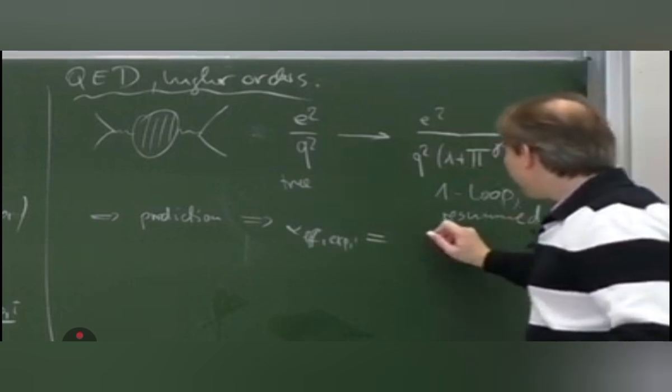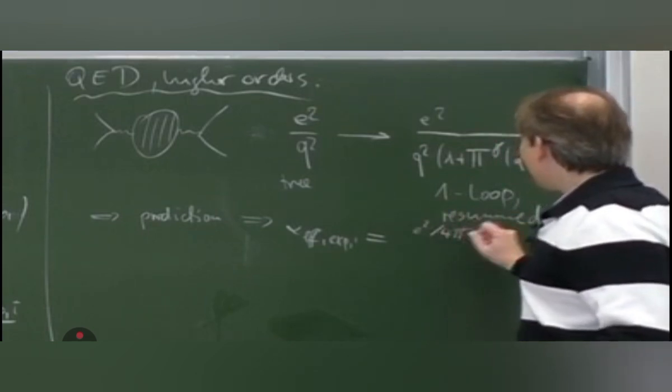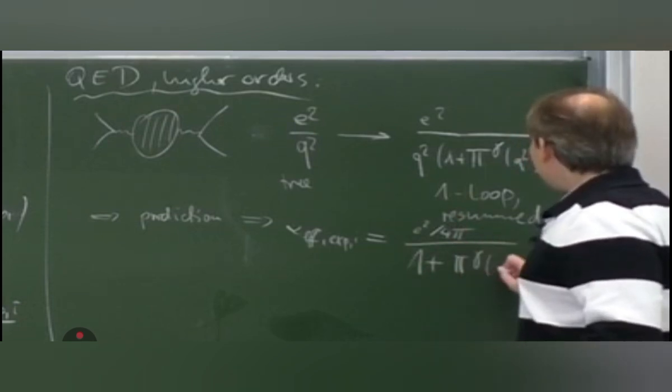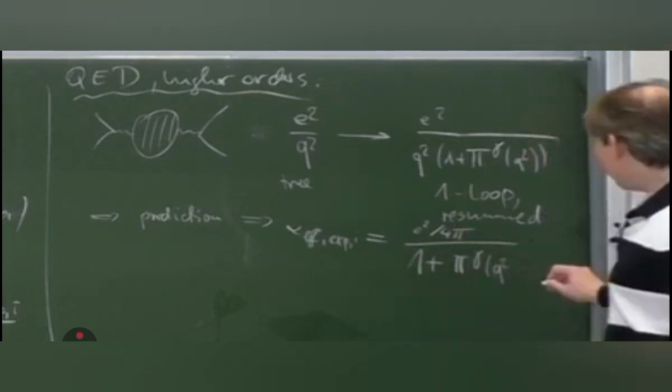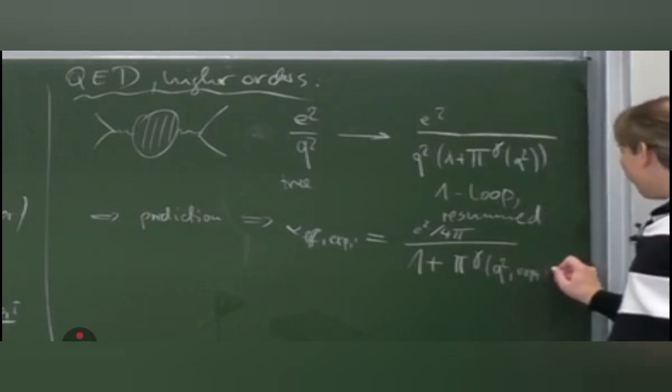So we have E square divided by 4 pi divided by 1 plus pi gamma of Q square, where the Q square is the Q square which is relevant for the experiment number I.